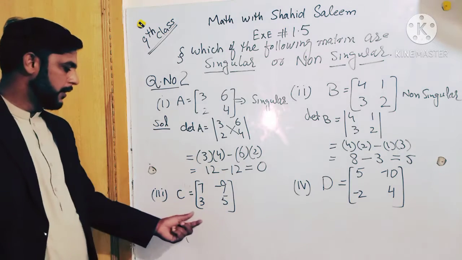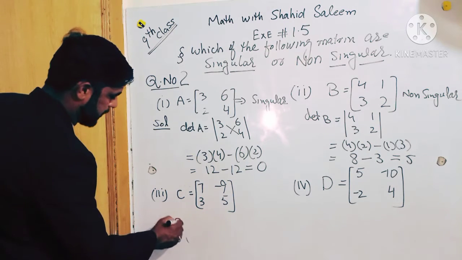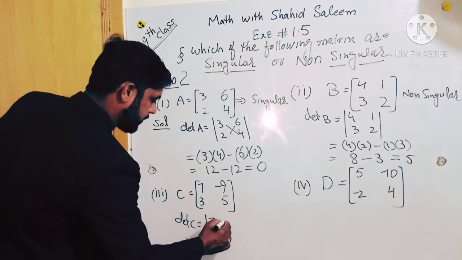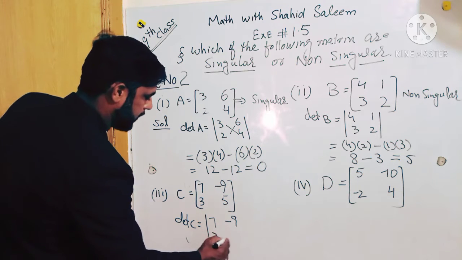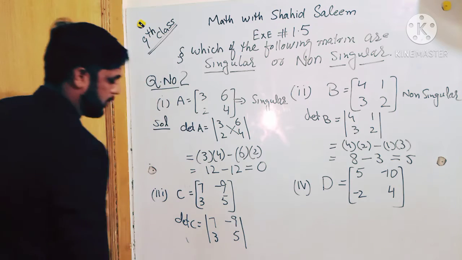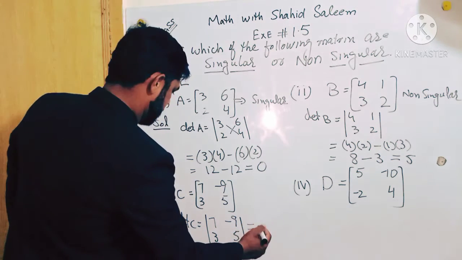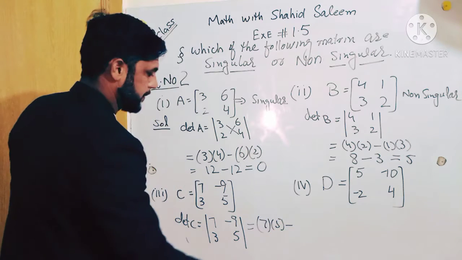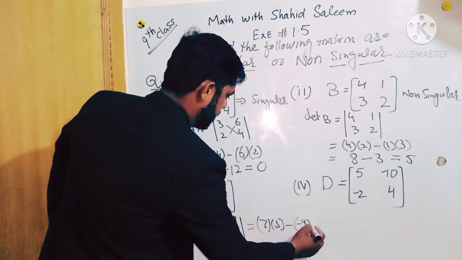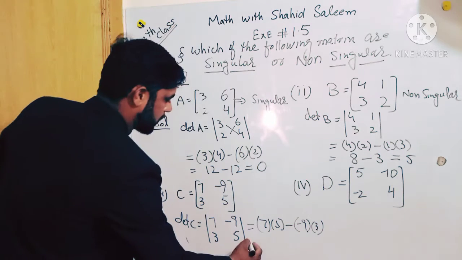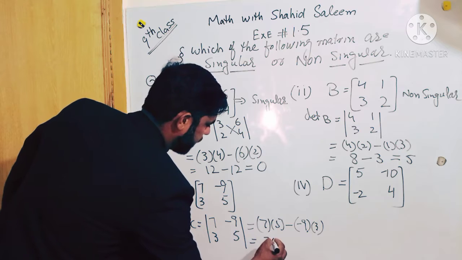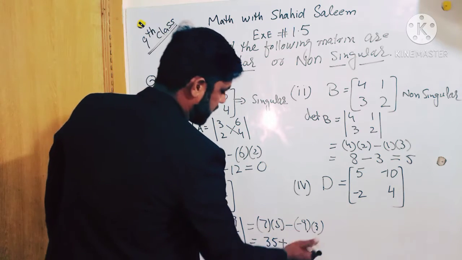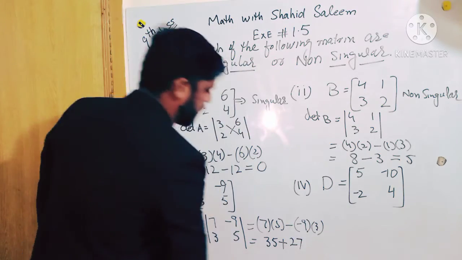Also here matrix C, we find the determinant of C: 7, -9, 3, 5, and determinant of this is 7 into 5 minus -9 into 3 equal to 35, minus plus 9 3s are 27.